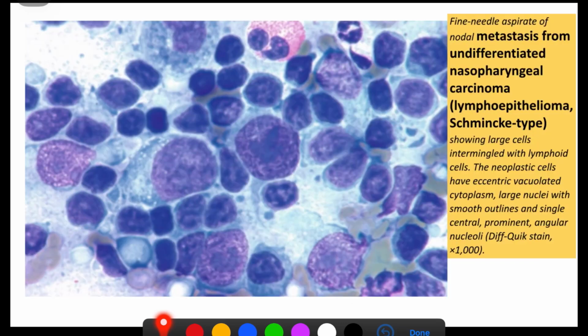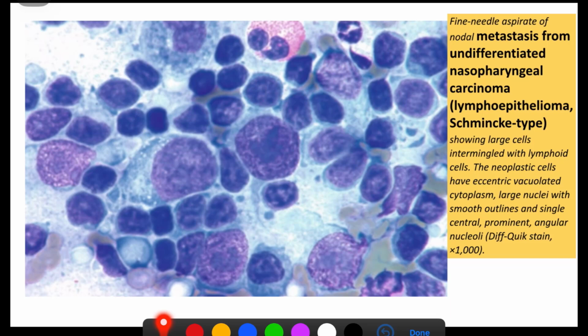Here this is metastasis from undifferentiated nasopharyngeal carcinoma or lymphoepithelioma, Schmincke type, which shows large cells intermingled with lymphocytes and having eccentric nuclei, vacuolated cytoplasm, nuclei with smooth outline and prominent central angulated nucleoli. The background shows eosinophils, neutrophils and lymphocytes along with the tumor.